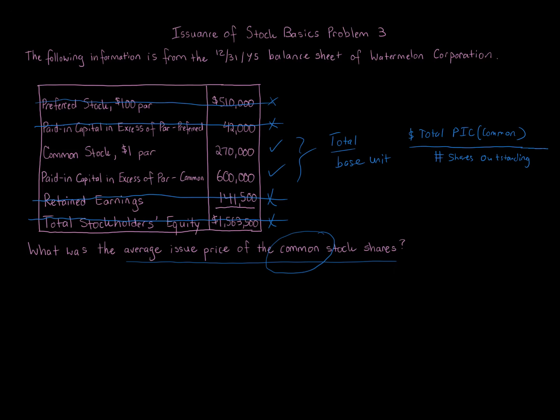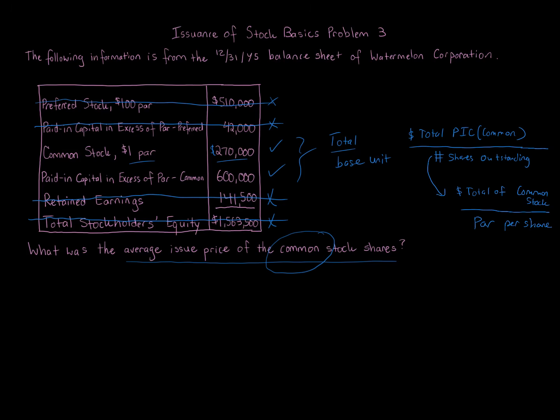We're told the total dollar amount of $270,000 and $1 par. So to get the number of shares outstanding, you're going to take the dollar total of common stock and divide that by the par per share.